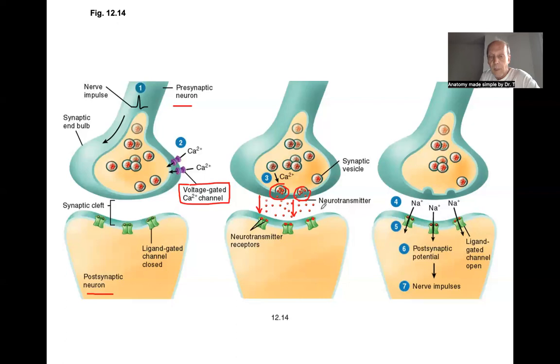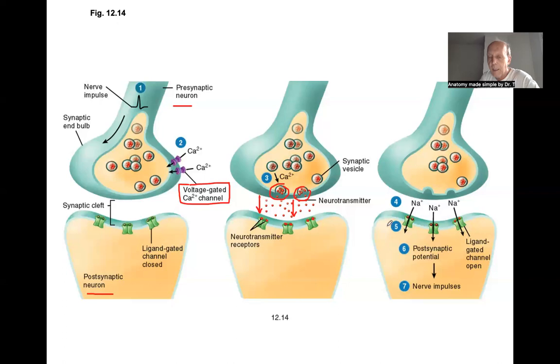As a result of binding a neurotransmitter, these protein channels, obviously ligand-gated channels, would open, and abundance of sodium from the extracellular fluid compartment starts moving into the cell, creating localized change in the postsynaptic cell membrane.